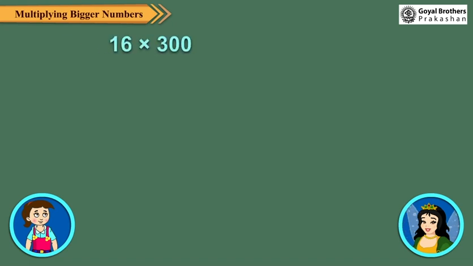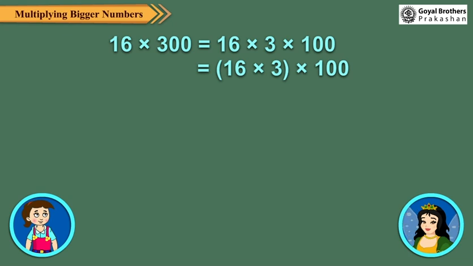Now let us find 16 into 300. We can break 300 as 3 into 100. Then we multiply 16 by 3 to get 48, and finally we insert 2 zeros on the right of 48 to get 4800 as the desired product.